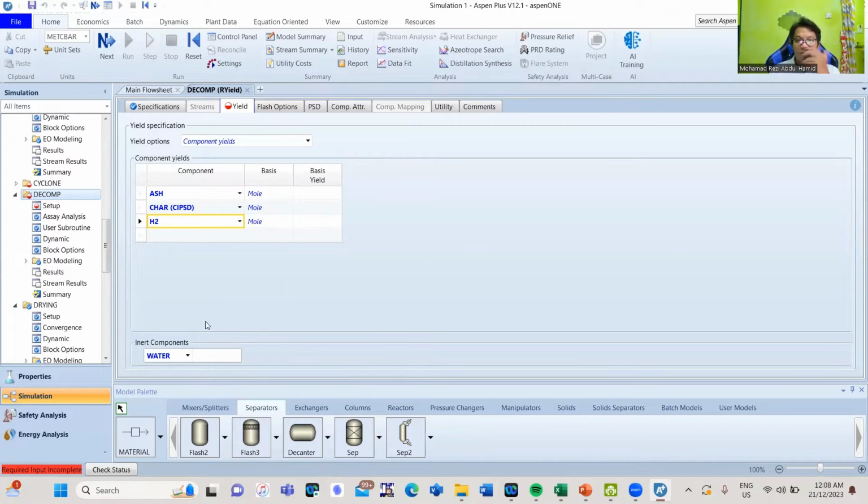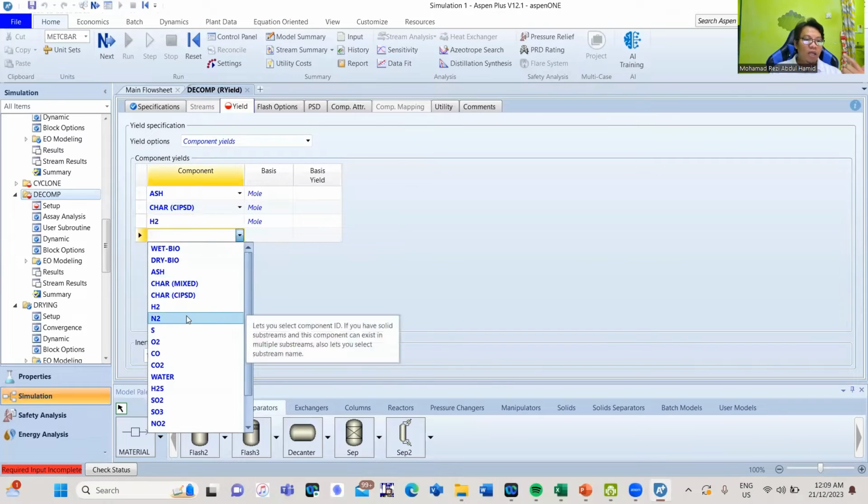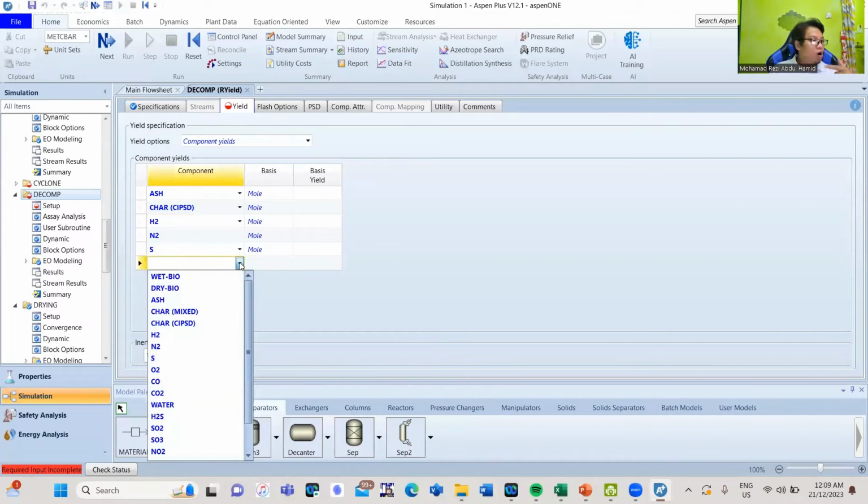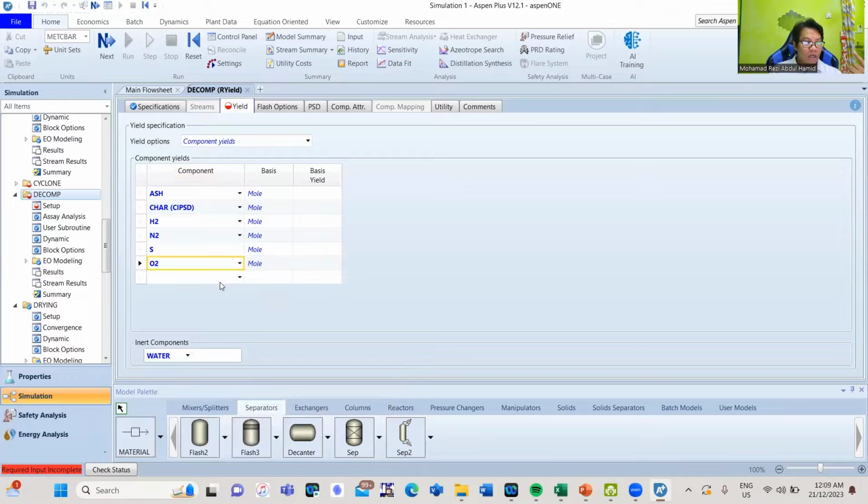And then the same goes with nitrogen, which becomes nitrogen gas, and sulfur becomes just sulfur. Oxygen will become oxygen. Am I missing something? Char, hydrogen, nitrogen, chlorine. I don't have any chlorine. I have sulfur, oxygen, and then ash. That's enough. Now, what is the basis? I'm gonna do a breakdown based on mass basis.